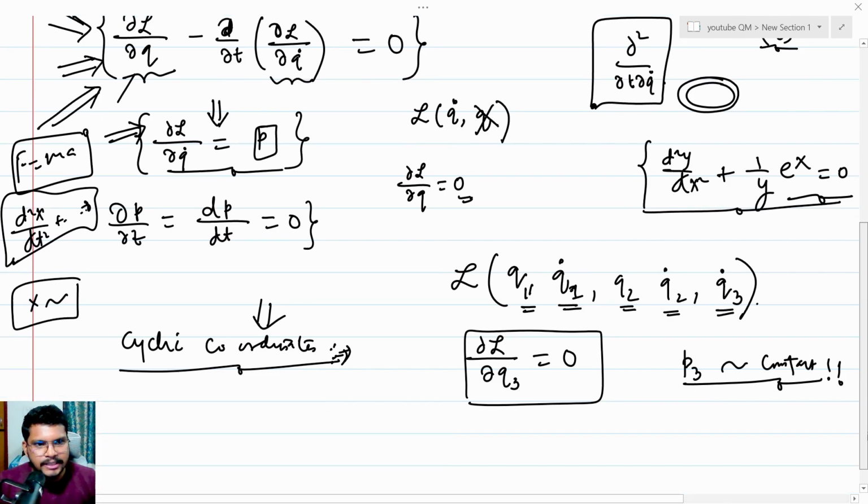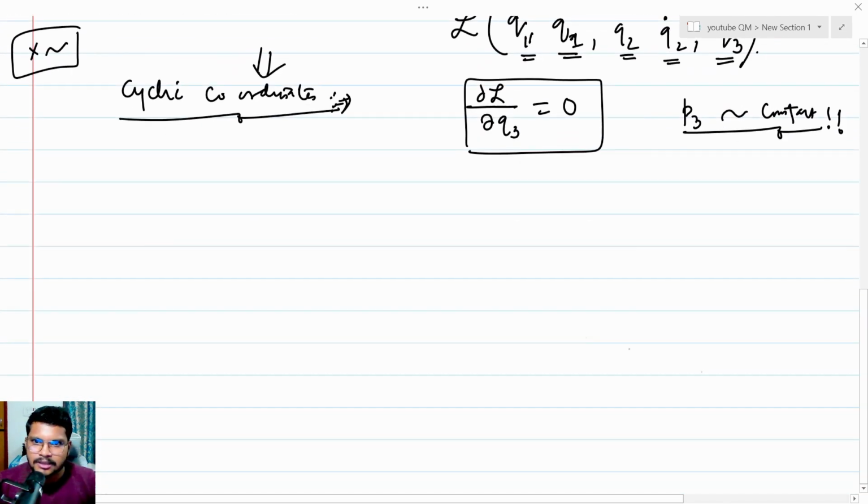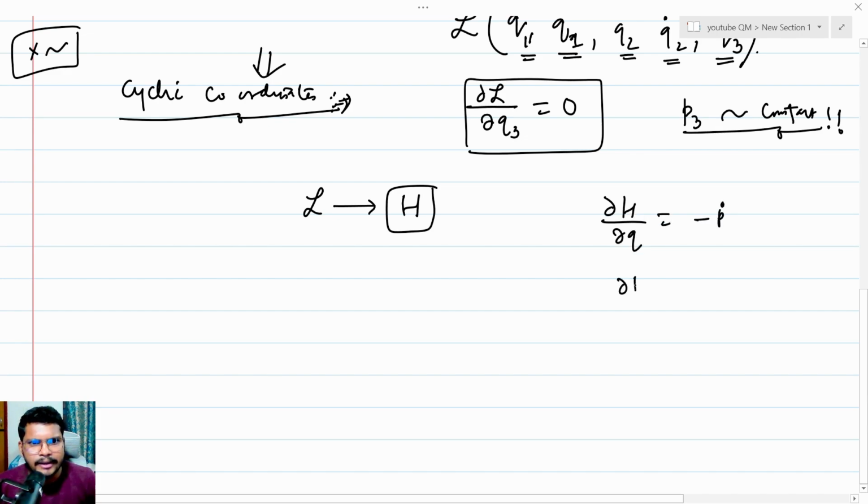Now, similarly, you may say that, okay, I have the Lagrangian, and with the Lagrangian I also get the Hamiltonian. Then why can't we work with the Hamiltonian? Because if I work with the Hamiltonian, then I can easily say that delta H by delta Q would become minus P dot, and delta H by delta P would be Q dot.